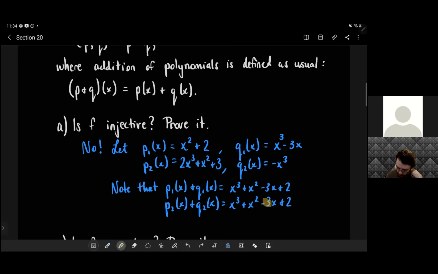I want a minus 3x, so let's toss that in. And my constant term, oops, my constant term should be plus 2. So I already have a plus 3, that means I need a minus 1 here. Okay, so once I write that down, actually sit down and confirm that I didn't make a mistake. If I add those two together, I get x cubed plus x squared minus 3x plus 2. Yep, cool.